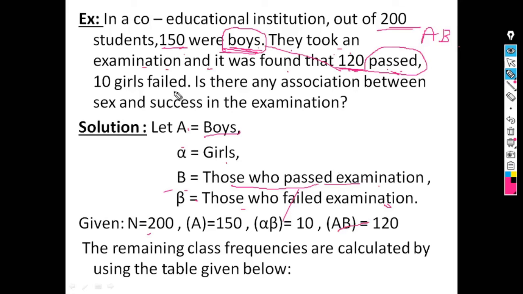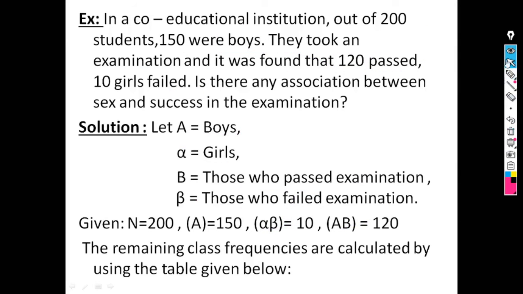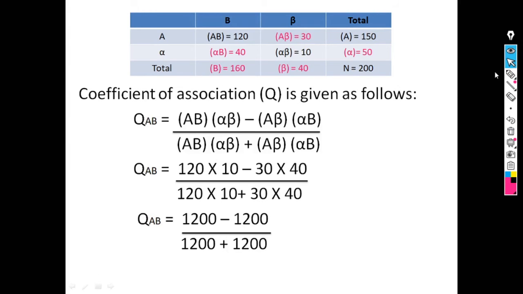And 10 girls failed. So girls are denoted by alpha and failed is denoted by beta. So the value of alpha beta is given, that is 10. We have to find the association between the sex and the success in the examination, which means we have to calculate Yule's coefficient of association.